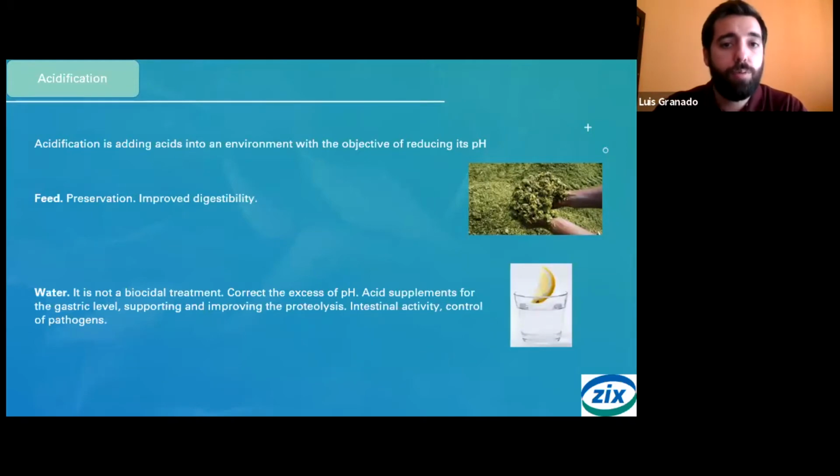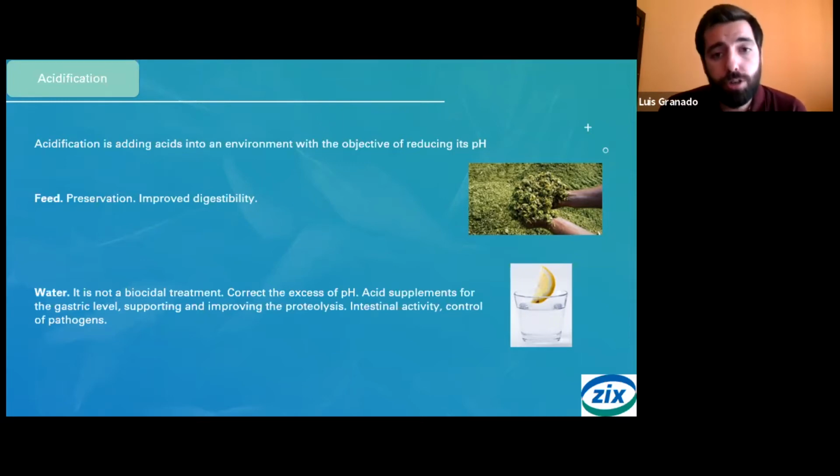So after finishing with these more theoretical concepts, let's talk about acidification itself, right? Acidification is just adding acids into an environment, okay? When we add them into the feed, normally it is for a preservation function or to improve digestibility, right?